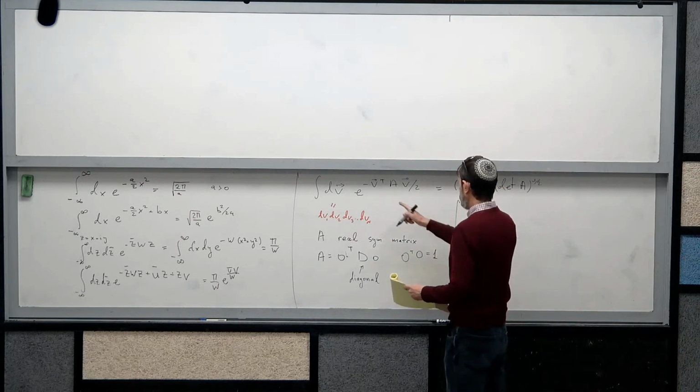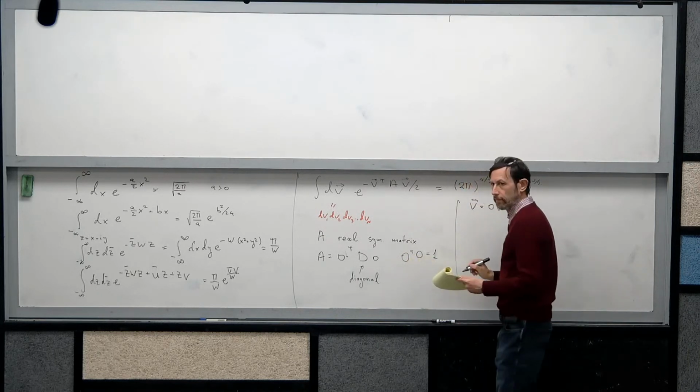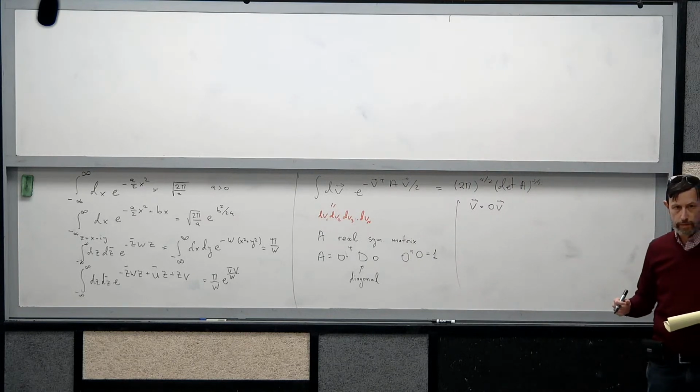So I can take what's written here and do the transformation v equals O, matrix O times v.